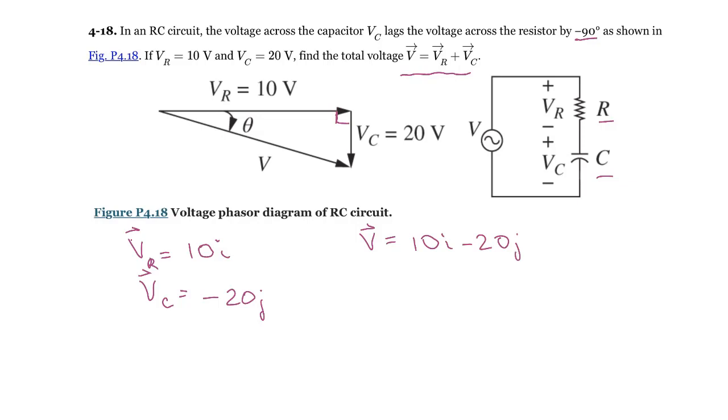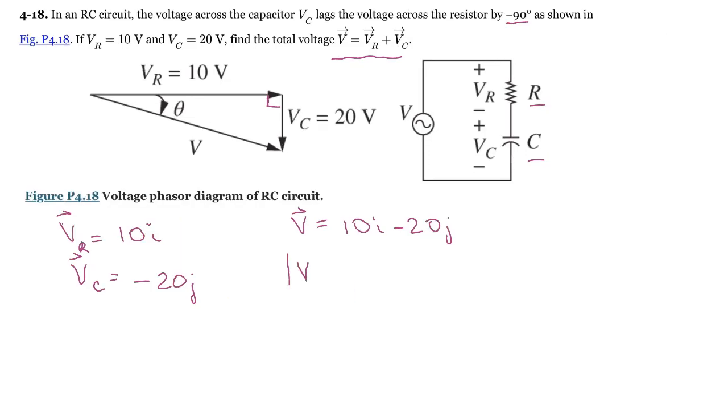They're not actually asking you for the magnitude of the voltage. If they ask you for the magnitude, I think we should do it. We can just say that the magnitude of the voltage in vector V is equal to, well, if you notice, it's just the Pythagorean theorem.